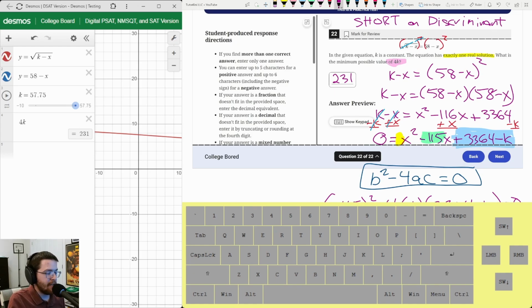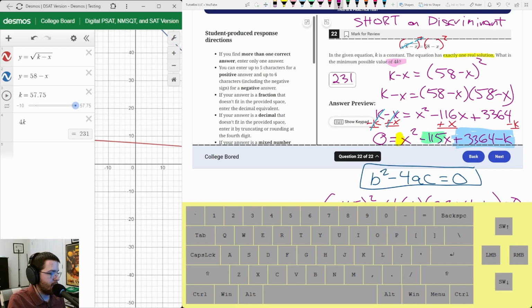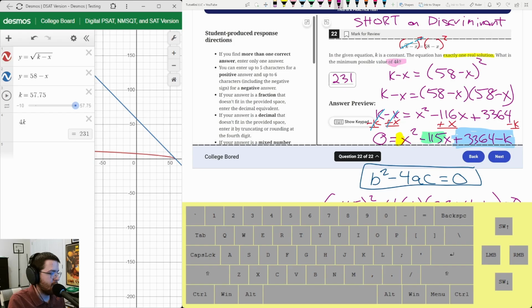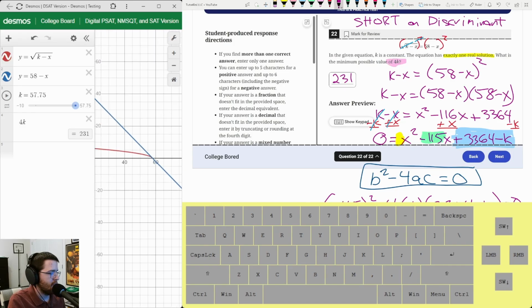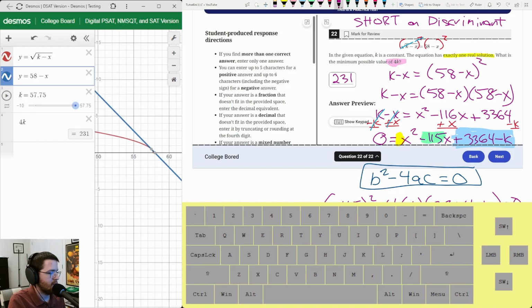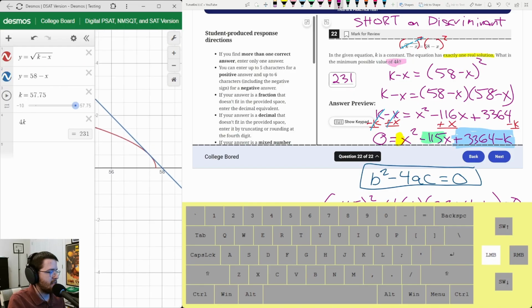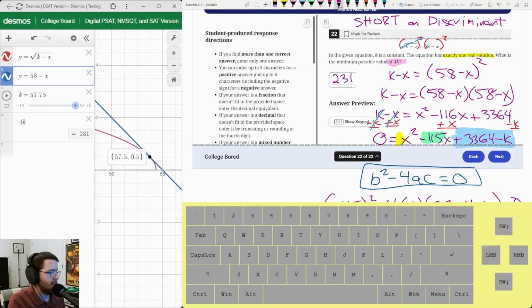Now we're going to see if k equals 57.75 gives us one solution. So I'm going to zoom out, and it seems there is exactly one solution, and it's right there. Seems like we did a good job.